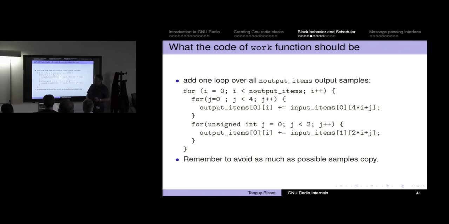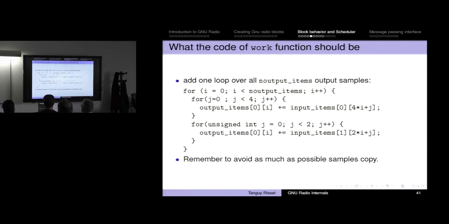Okay? If the number of input items is smaller than the output, then what will happen for this code? Basically in GNU Radio, most of the time you have one output for one input. If you have subsampling or oversampling, these are special blocks, which I will not explain today.